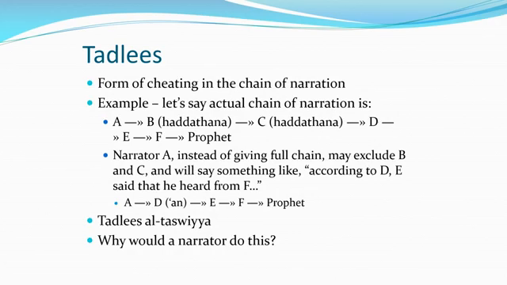Now, another proposed reason is that B and C may actually be strong narrators. They may be thiqat, if you remember that term, but they could be younger in age than A, and it was considered unbecoming to narrate from somebody younger than yourself.